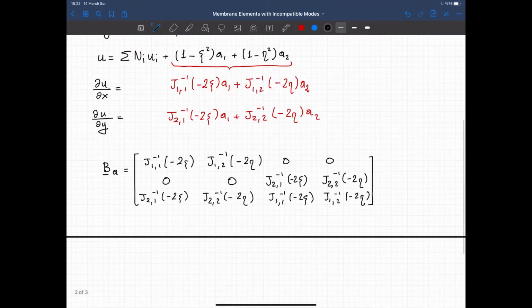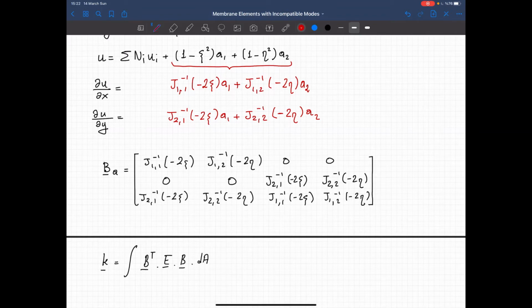Now after calculating the B matrix, we can calculate the stiffness matrix K with our typical equation, which is B transpose times E times B times dA.